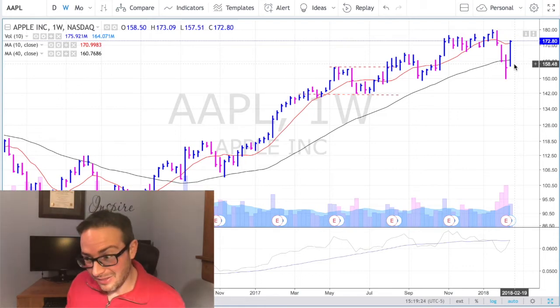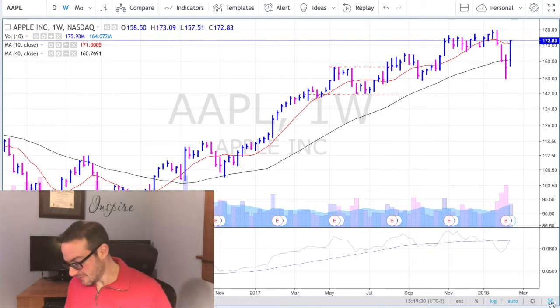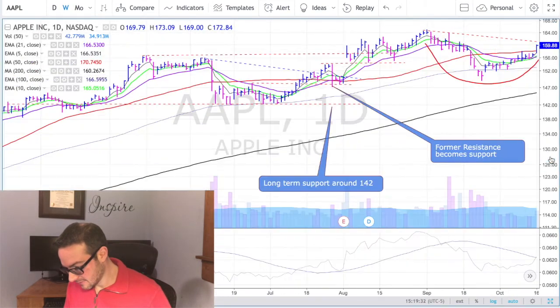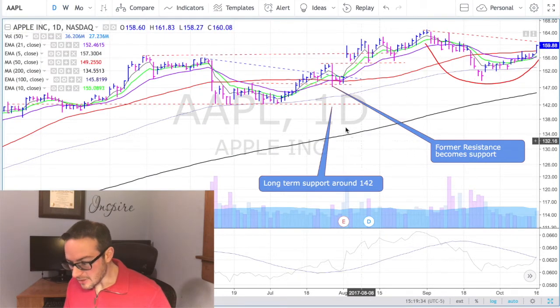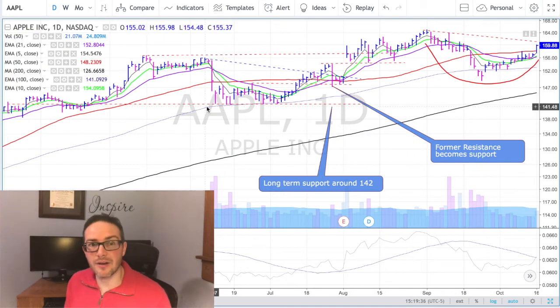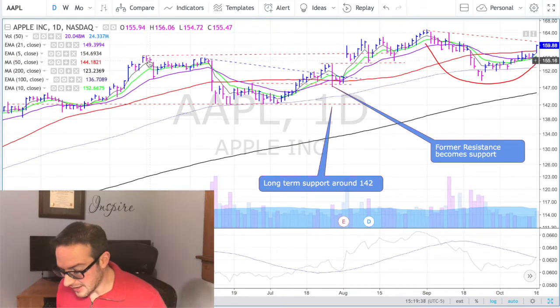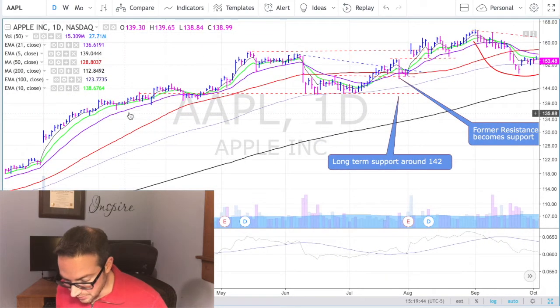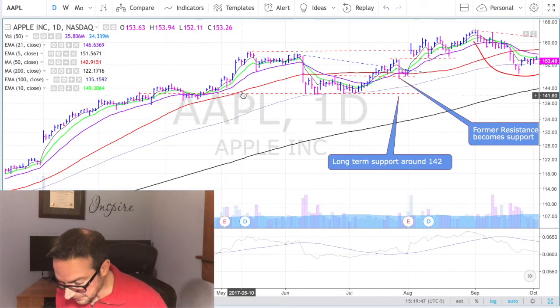Let's go take a look now at this flat base on the daily chart. Okay, so here's what we're looking at on the daily chart. And you can see that we have the flat base drawn over here, and that's where the former resistance level was.